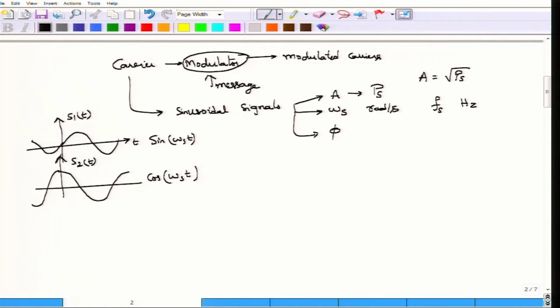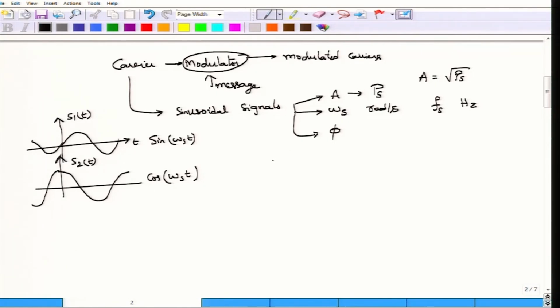So, coming back to what we want from a sinusoidal carrier, a sinusoidal carrier has well defined power or equivalently amplitude. It has a well defined single frequency omega s, and then it has a certain phase which would not become important unless you modulate the phase. This is at the functional level.